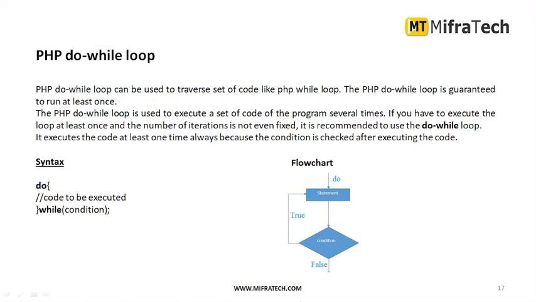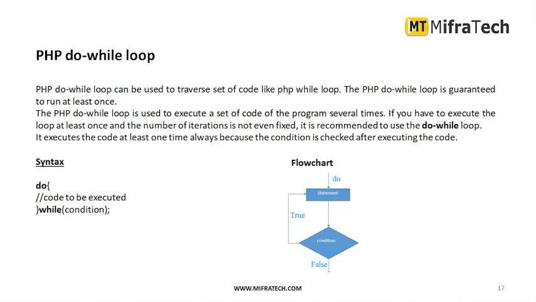The PHP do while loop is used to execute a set of code of a program several times. If you need to execute the loop at least once and the number of iterations is not fixed, it is recommended to use the do while loop. It always executes the code at least one time, because the condition is checked after the execution of the code.